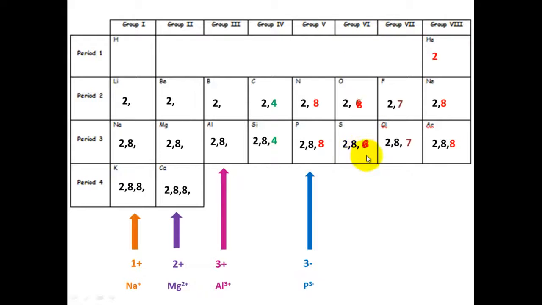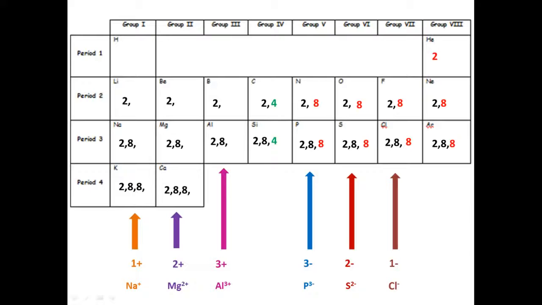Group 6 has gained 2 electrons, so it becomes a 2 negative charge. So sulfur becomes sulfide. And group 7 gains 1 electron to become 1 negative charge. For instance, chlorine is now chloride with a 1 negative charge.